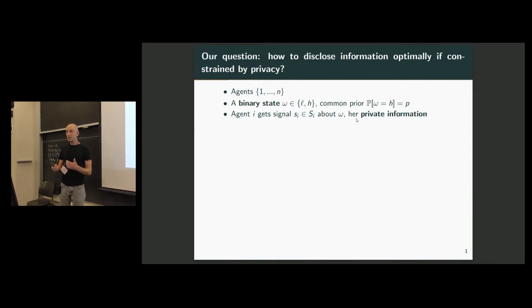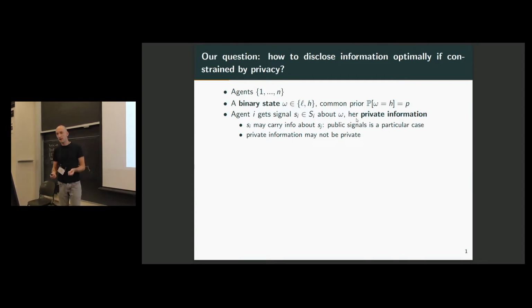However, even though we call it private information, it may not be private. For example, the signal received by agent i may carry some information about the signal of agent j. To show you the most extreme example, public signals are a particular case of this setting.